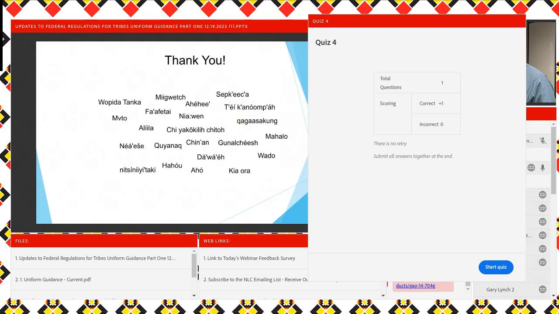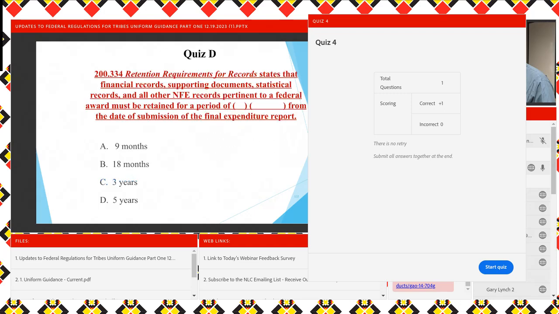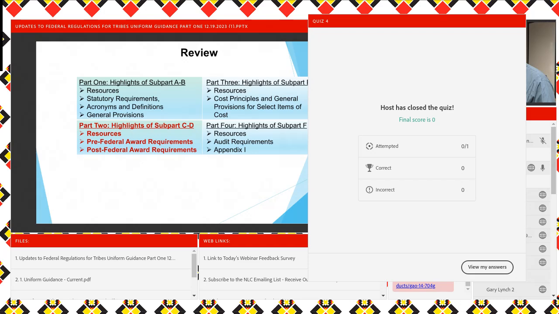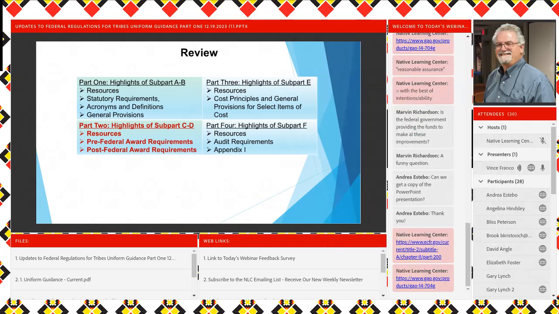So you never know when you're going to be asked to provide that information or use it as a reference for something positive. All right, let's go back now, because what we have tomorrow is on the right side of the screen. Part 3 and 4 are combined. That's basically tomorrow's agenda. Highlights of subpart E, basically cost principles and general provisions for selected items of cost. What does that mean?